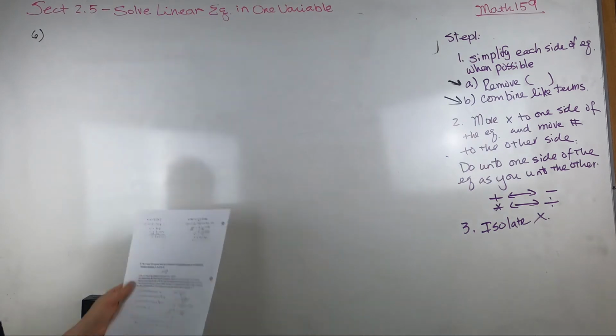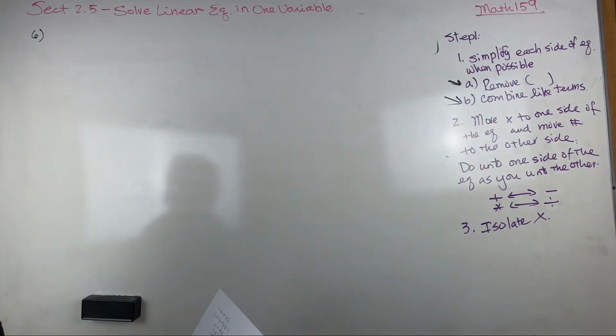Page 23, example 6. The z-score for a given value for a distribution with population mean mu and the population standard deviation sigma is given by z equals x minus mu over sigma.